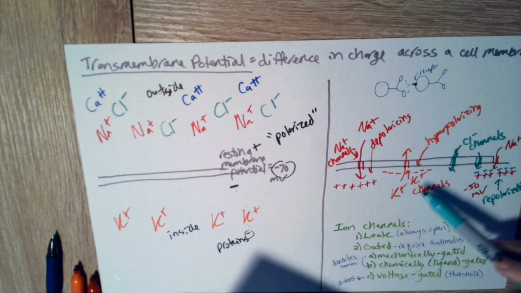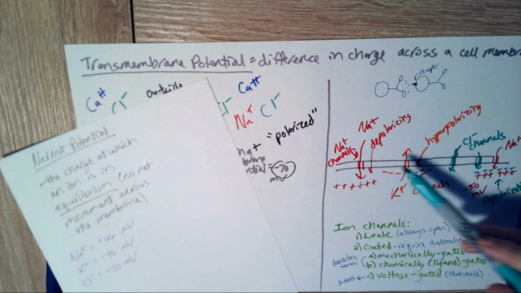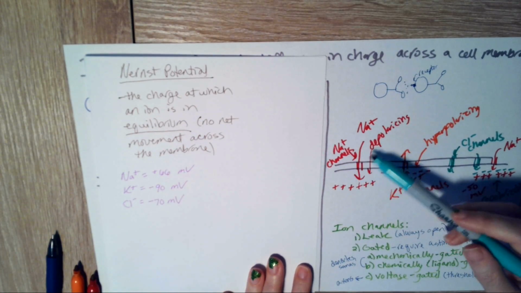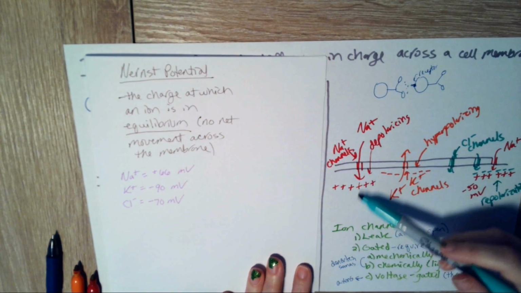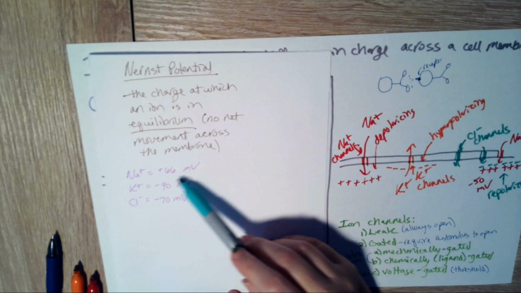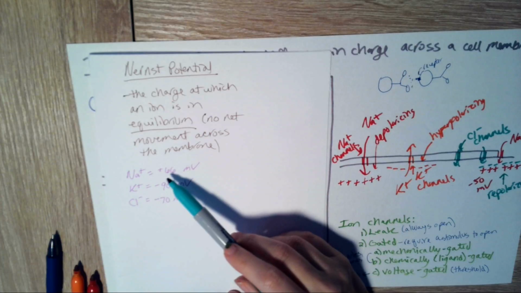But all of these ions have their own Nernst potential. So there will be a charge at which sodium no longer wants to come into the cell. So it'll be too positive in here for sodium to want to come into the cell. And that particular charge is positive 66.